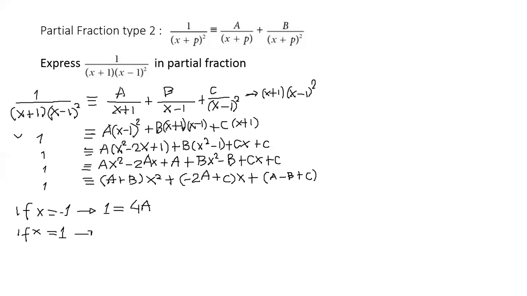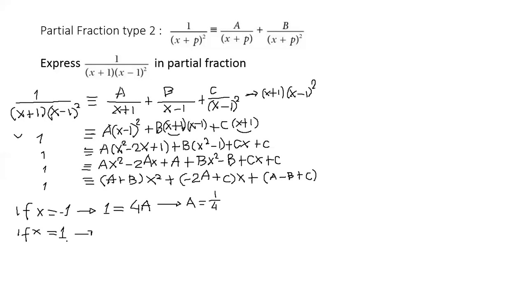If x is negative 1, this is 0, and if negative 1, 0 as well. Okay, so 1 equals 4a. It means a equals a quarter.